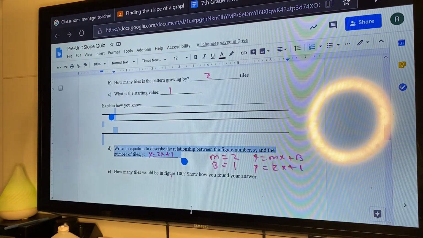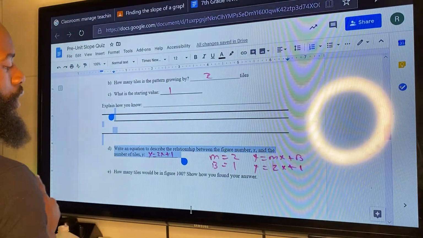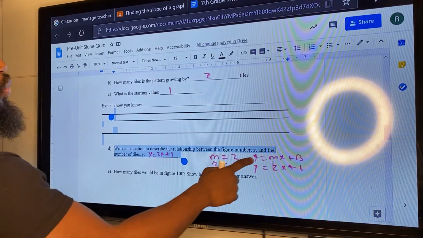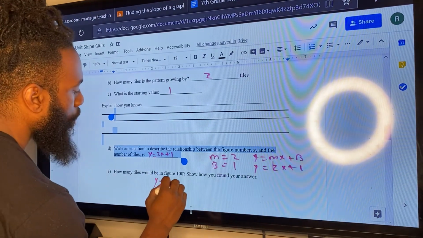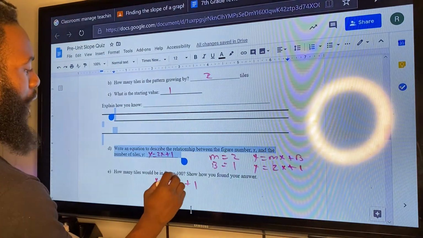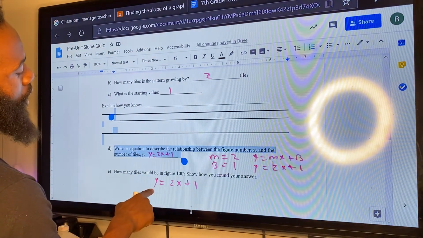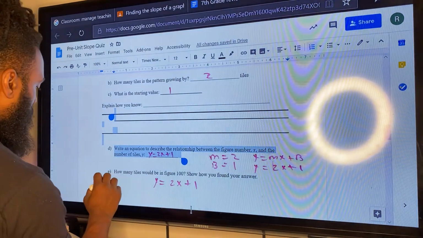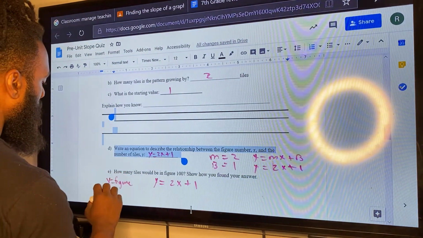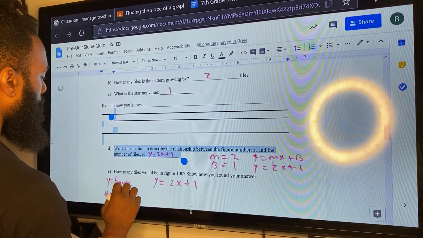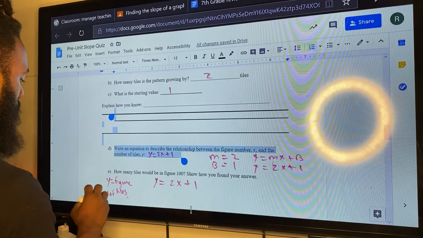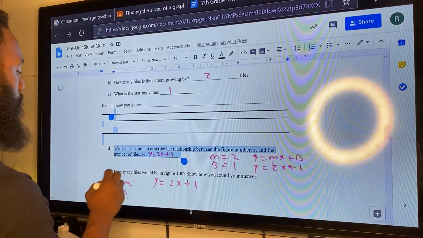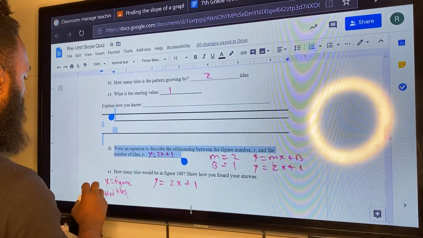How many tiles would be in figure 100? So the x value is 100. We need to know how many tiles there would be, which is y. We don't have that, but we do have the equation. The figure is the x and the y is the number of tiles.